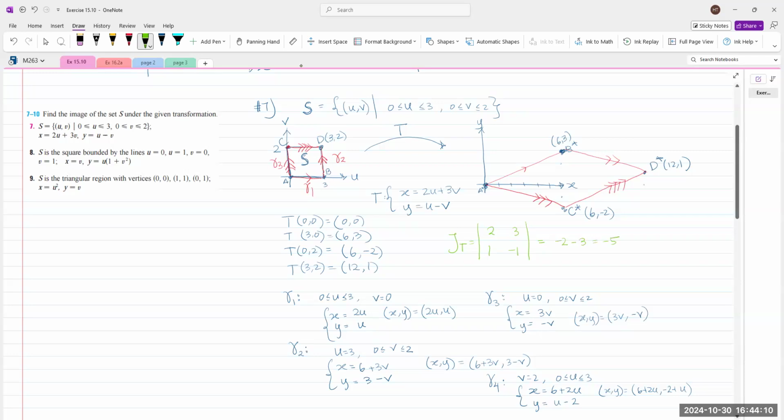However, the one we put into the integration later on will be the absolute value of the Jacobian of T. That's just to set up for our future reference. That's for number 7.